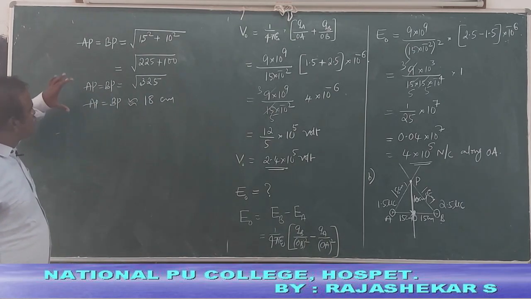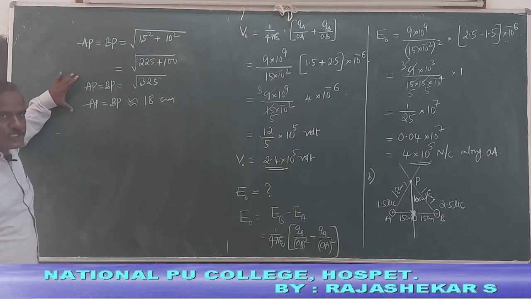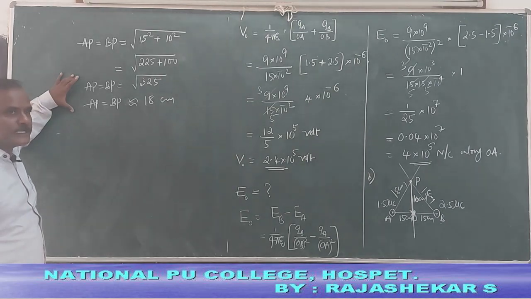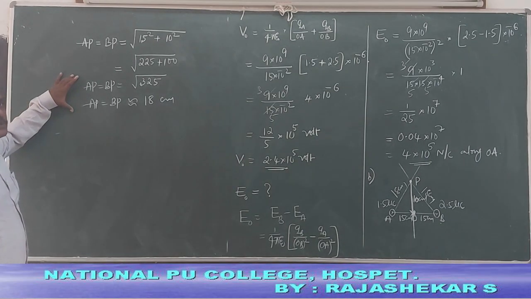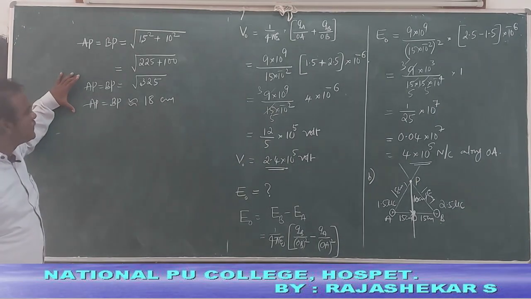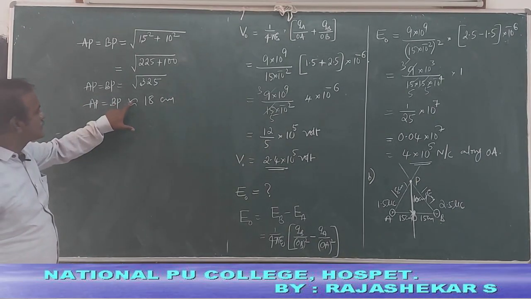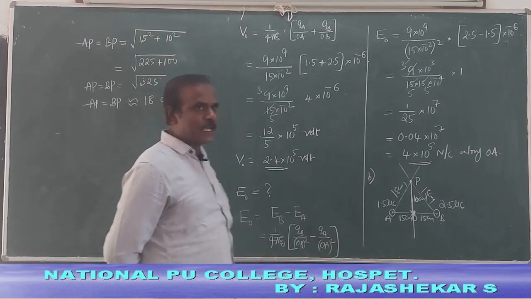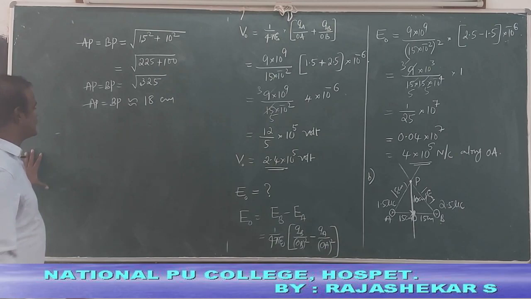So students, to answer potential and field at P, what is P? A point on a plane. How is the plane drawn? Normal to the line joining and passing through the midpoint. For that, the distance of the point P from each charge is calculated, which is 18 centimeter.